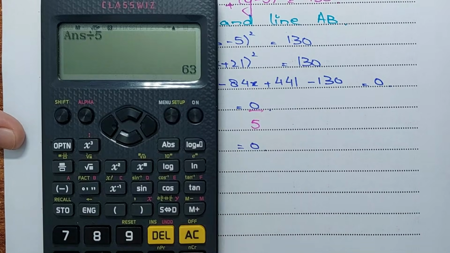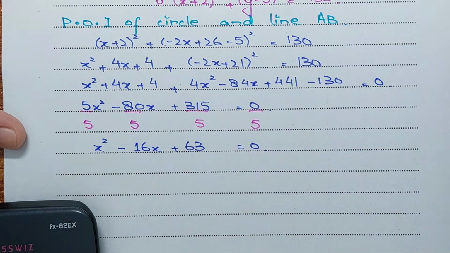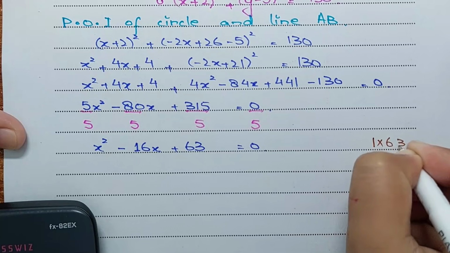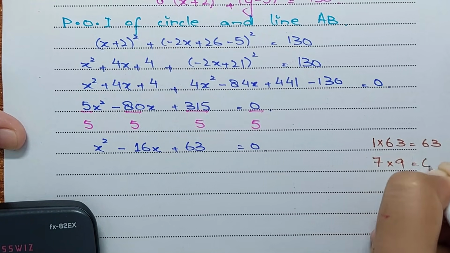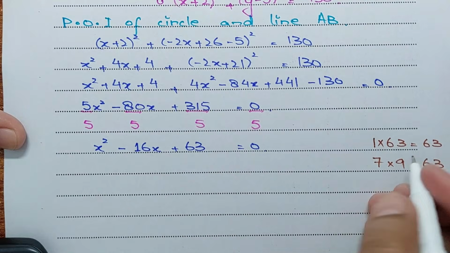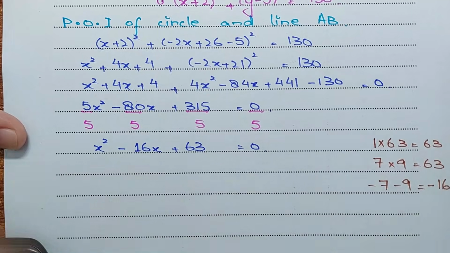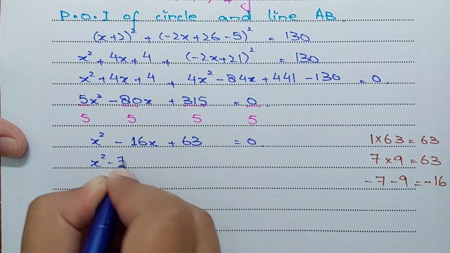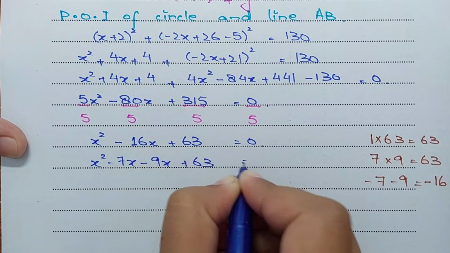Now let me factorize this. 7 times 9 is 63, and 1 times 63 is 63. 7 plus 9 is 16, so minus 7 minus 9 is minus 16. Let me break the middle term: x² − 7x − 9x + 63 = 0.